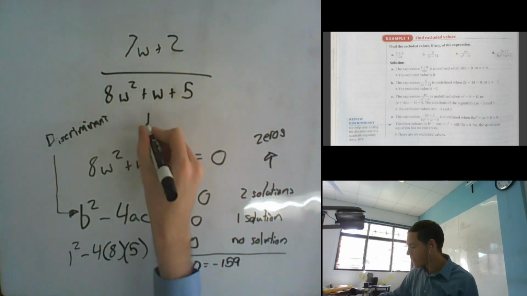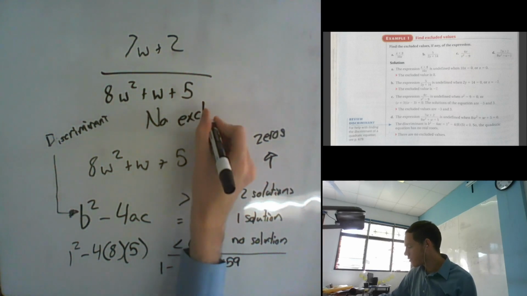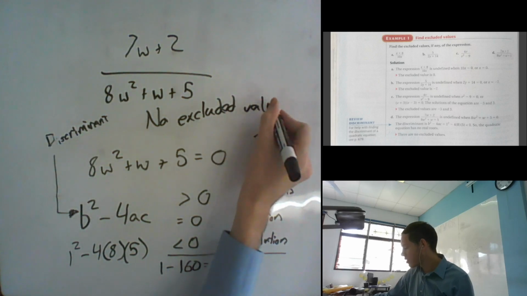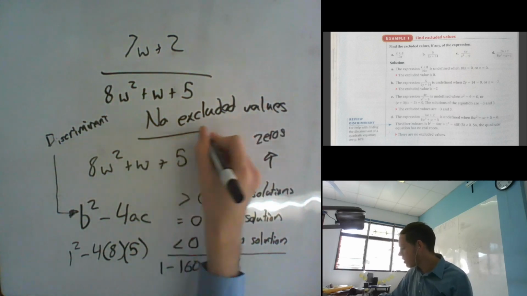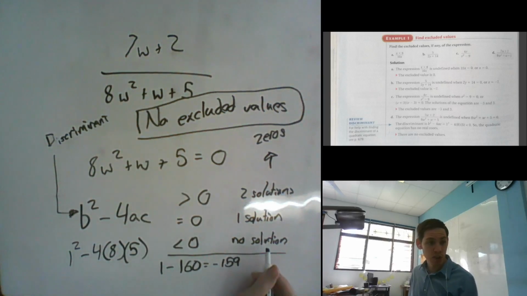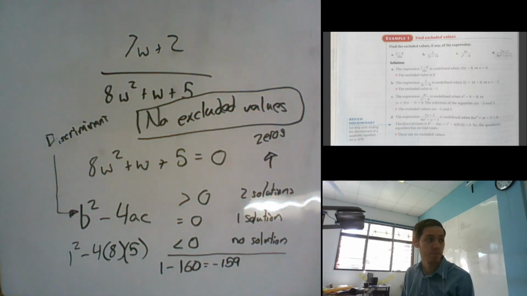So then there's going to be no excluded values. Okay, so if you're not sure, if you find out there's no zeros, no solution, then you're going to get no excluded values, okay?